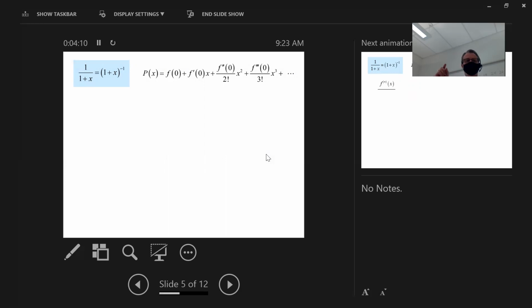Except now it's 1 divided by 1 plus x. Which means your constant multiplier is what? Negative x. Ready?